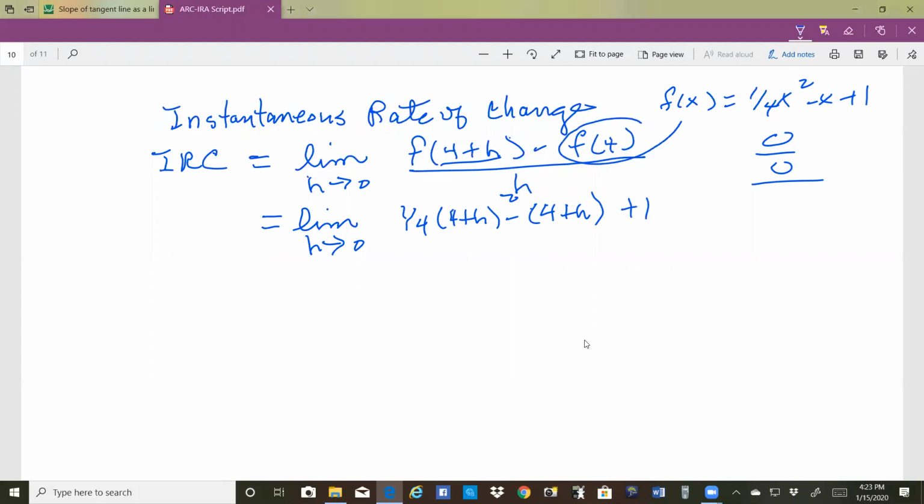minus f at 4. Now remember, if you plug in 4 into f of x, you know that that is 1. So that's minus 1 divided by h.